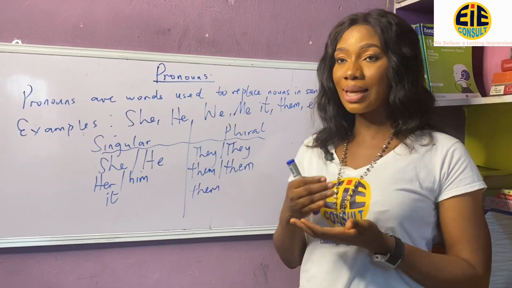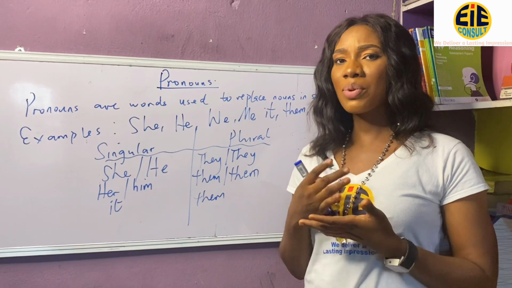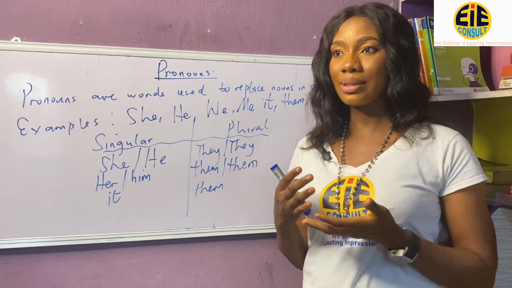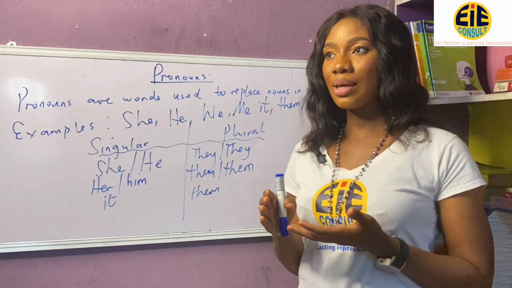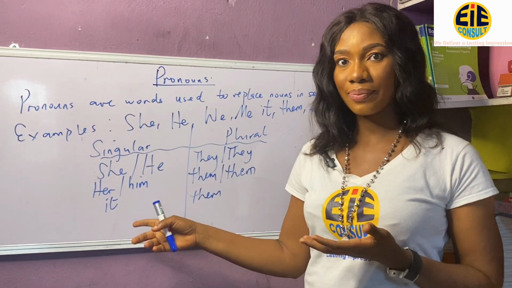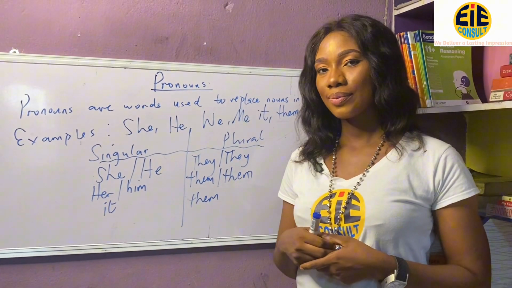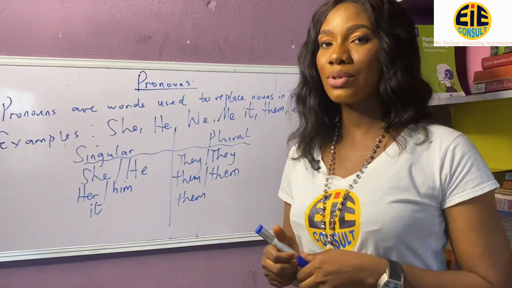For instance, it can be used to represent a baby at the time of birth, a baby without an identity yet, that the baby doesn't have a name yet, so I can communicate the baby in terms of a pronoun as it. It is also used to replace the names of animals. All right, so that's as far as the many uses of it is concerned.